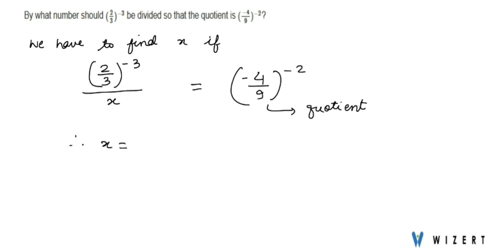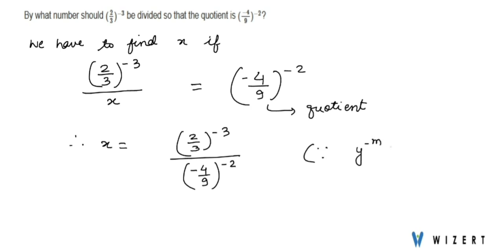Therefore we can say that x will be equal to 2 by 3 to the power minus 3 divided by minus 4 by 9 to the power minus 2. Now, since we know y to the power minus m can be written as 1 upon y to the power m, let's change this negative power to positive power using this property.